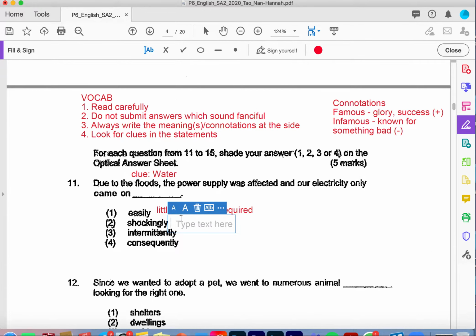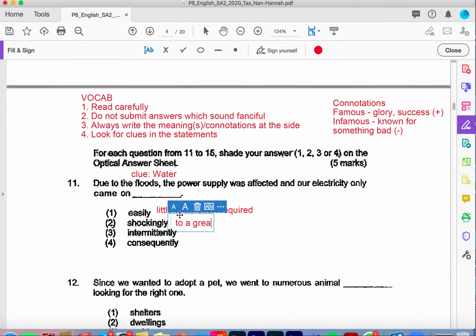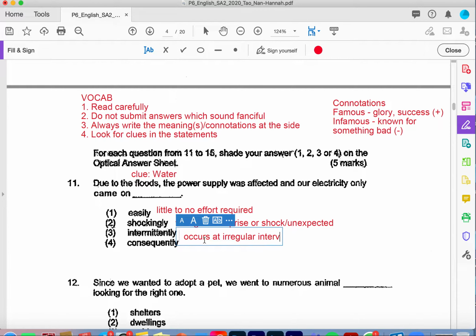Okay, shockingly means with great surprise or shock. So something you don't expect, unexpected. Intermittently means something that occurs at irregular intervals, or something that is unstable and unsteady.